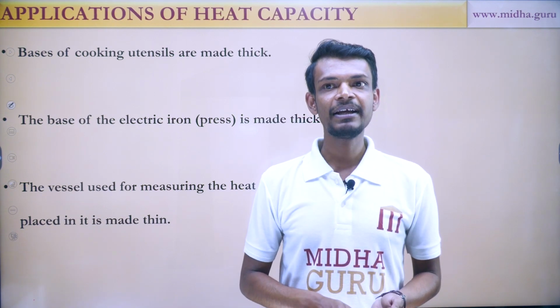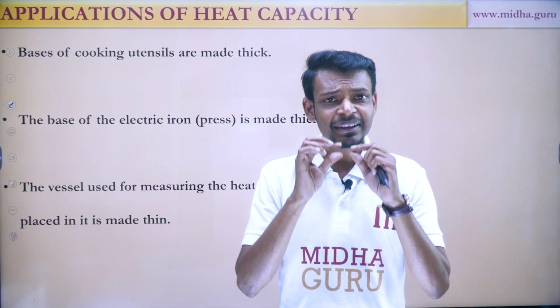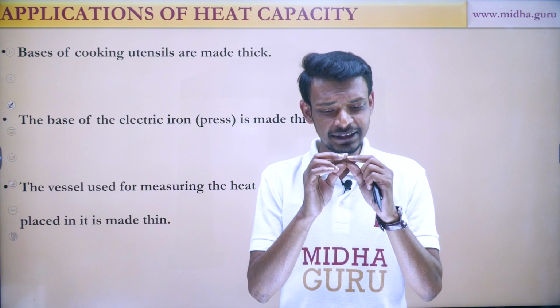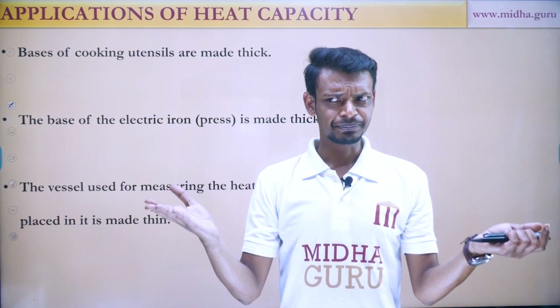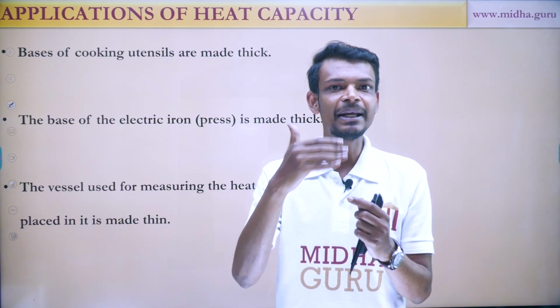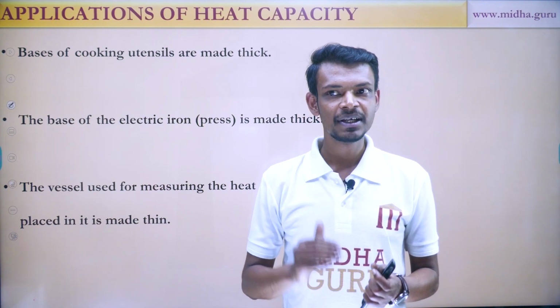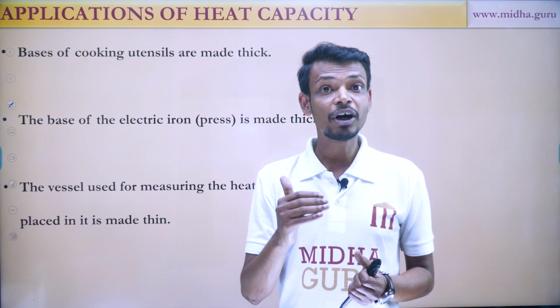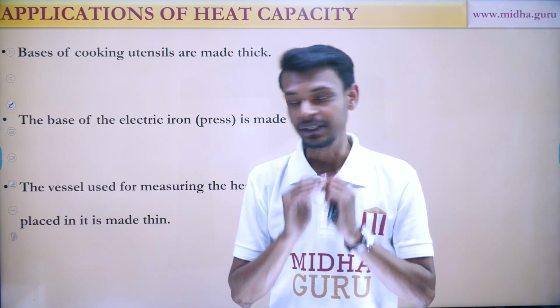We know that if I have a thick base, that means a thick layer of metal, then I will need more heat to increase the temperature of that utensil. Now due to this, what happens? The utensil itself does not get heated up quickly and the cooking becomes even.